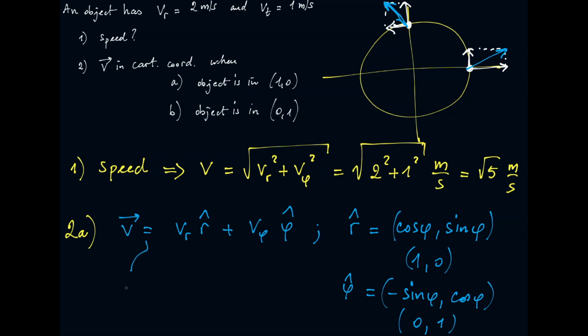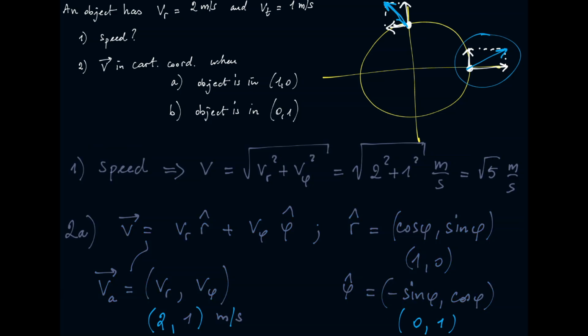So in this case, the velocity is none other than V r in the x direction and V phi in the y direction. So this would be 2 and 1 meter per second, as we can see over here.